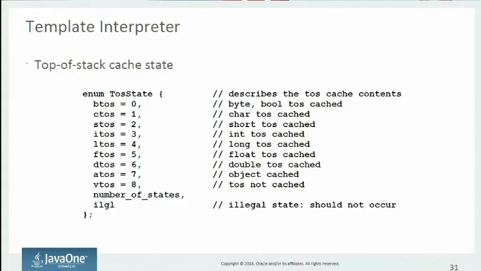There are multiple values here that represent all 7 of the primitive types that Java defines, and an 8th type, which is the ATOS, which is basically an object pointer. It says that this top of stack register cache contains a pointer to some object, could be an array, could be anything else. And then finally, there's a state that represents there's nothing cached currently.